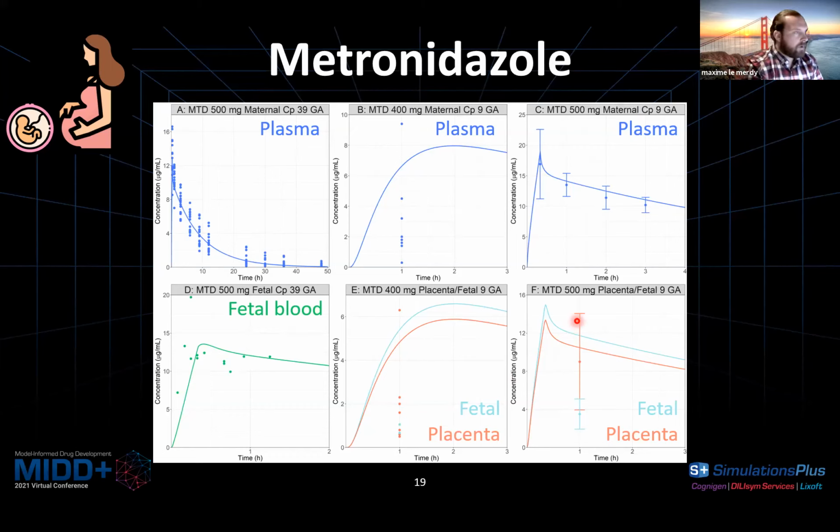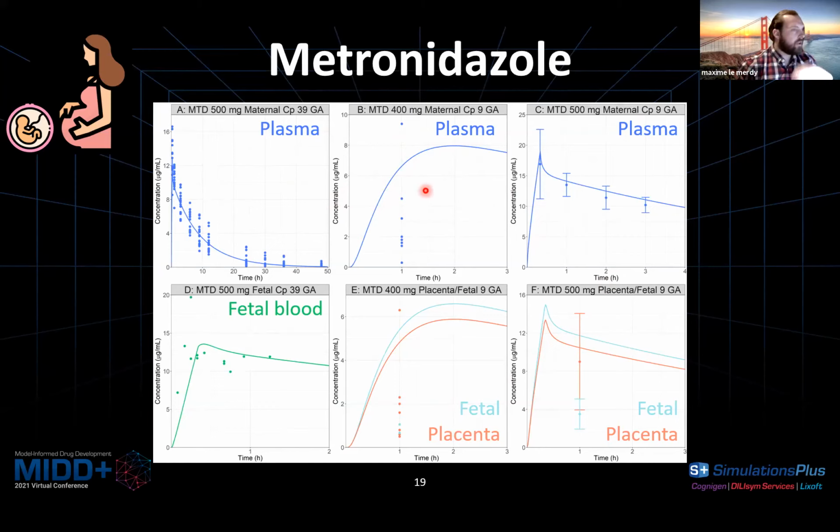Looking at the top row, the maternal plasma concentrations are overall really well described. We could argue in the middle that we tend to overpredict most of the subjects, but there is only 1 data point per subject. And the 2 other studies are really well described.